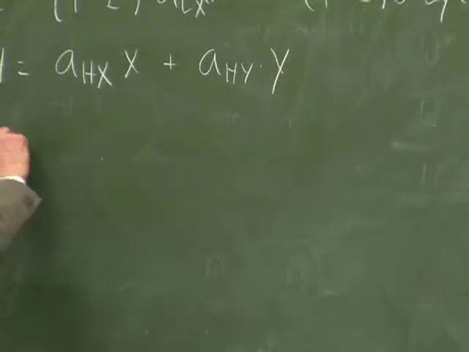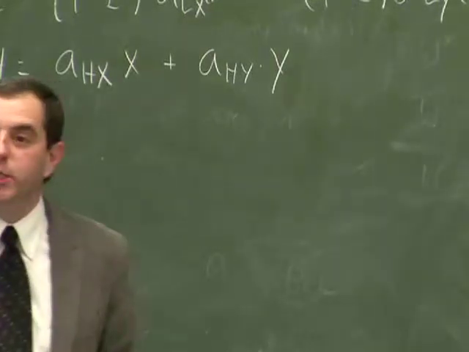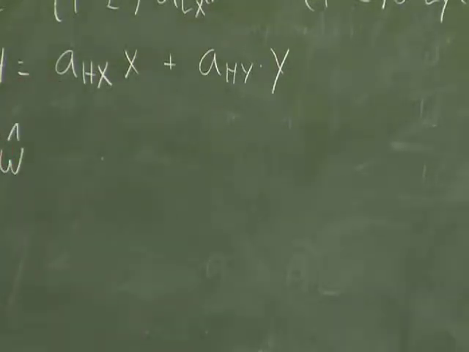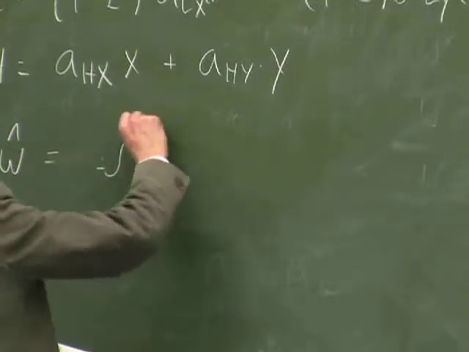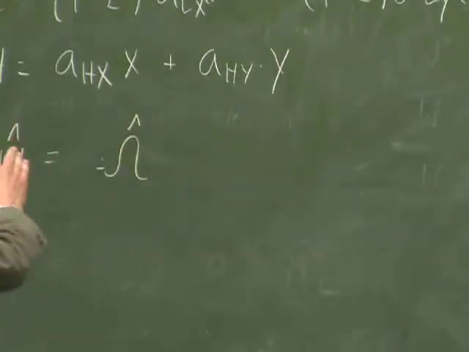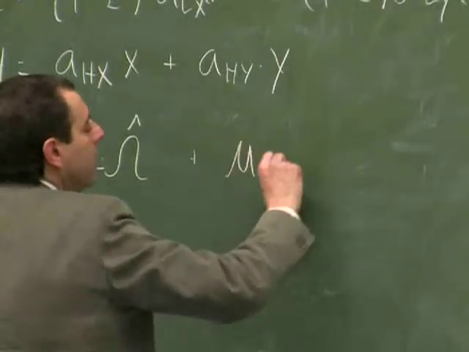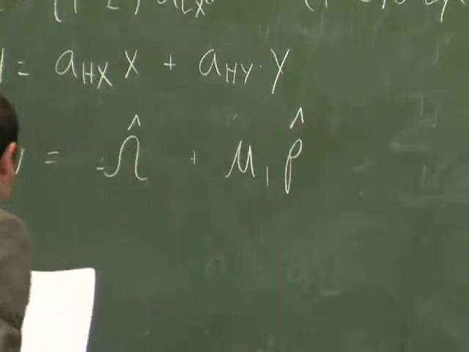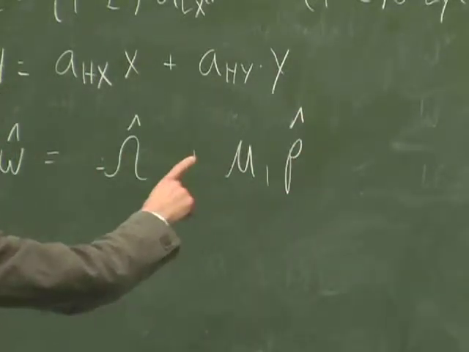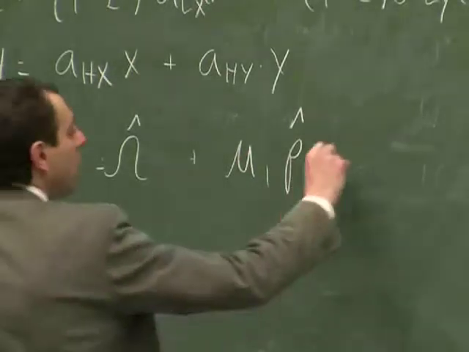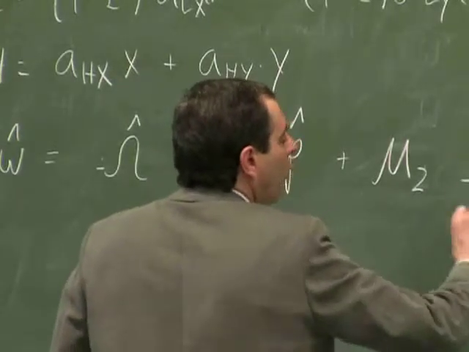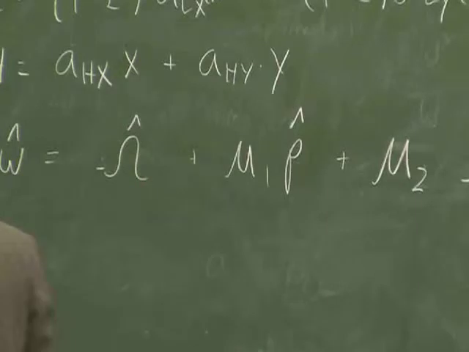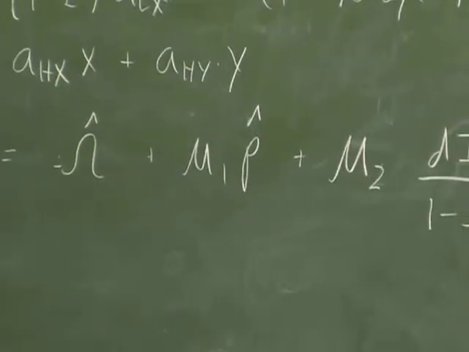You're going to get W hat, which is basically the logarithmic change in W, the wage of low-skilled workers, equal to minus omega hat, the change in this outsourcing term, plus mu1 times P hat, which refers to changes in the price of the Y good, plus mu2 times DI over 1 minus I. I'm not defining these mu terms.